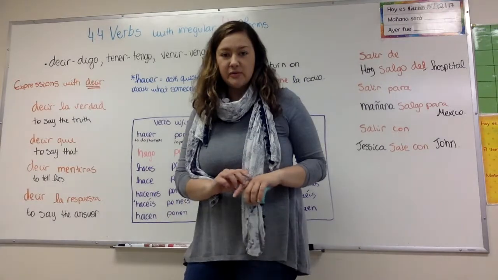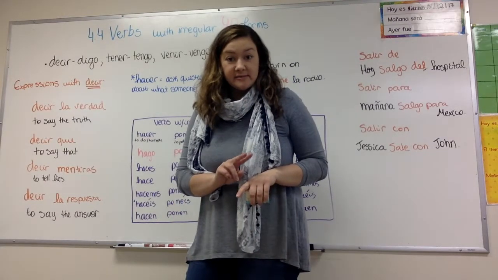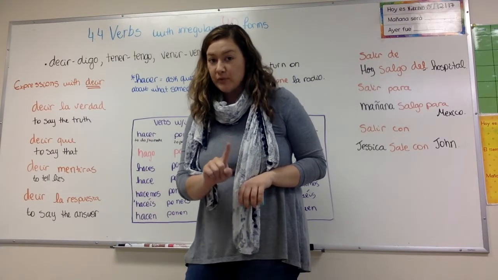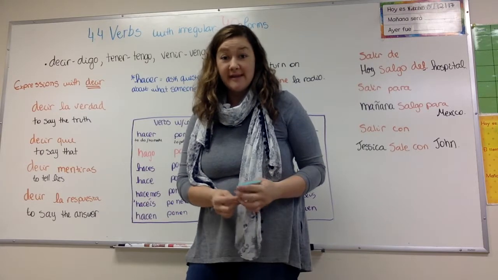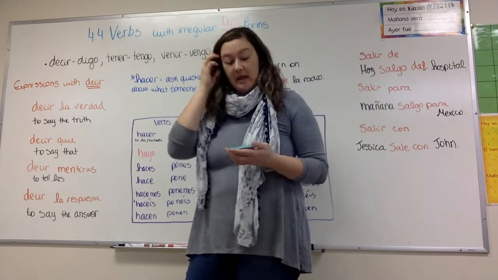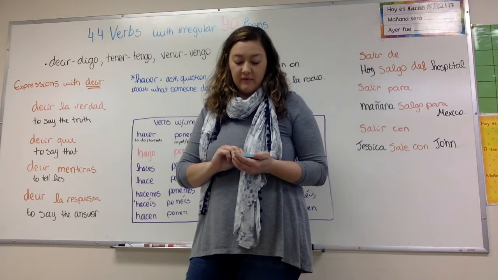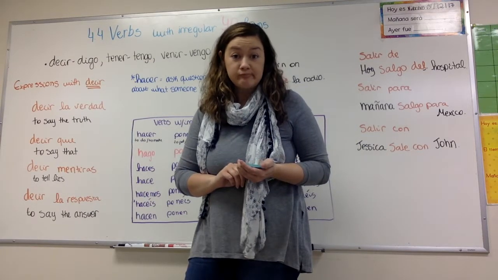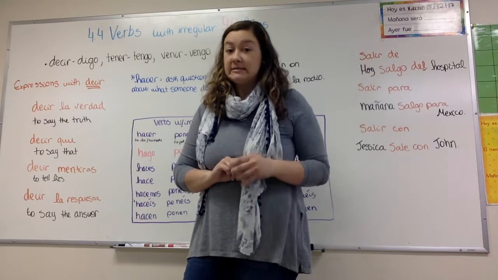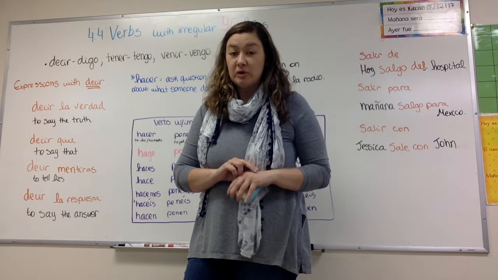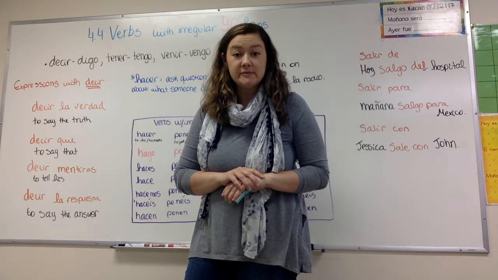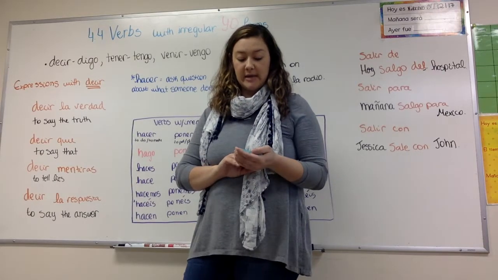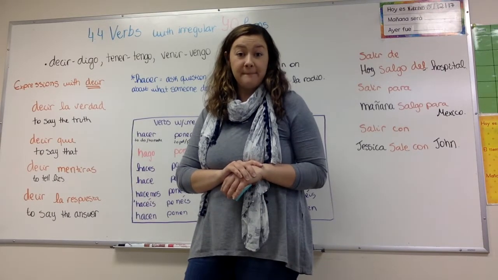So I'm going to tell you two lies, dos mentiras, and one truth, and you try to guess which one is a lie. Okay? The first one is, tengo un perro. The second one is, tengo 28 años. And the third one is, soy rusa.